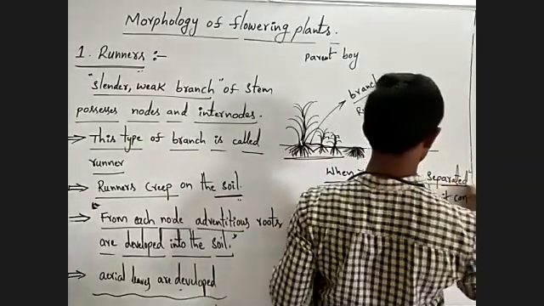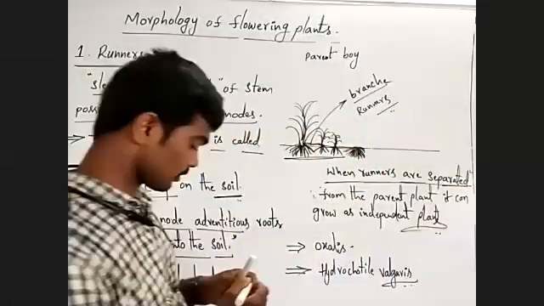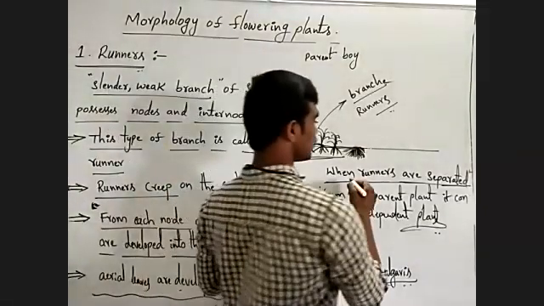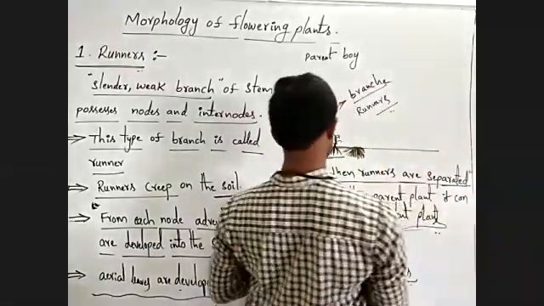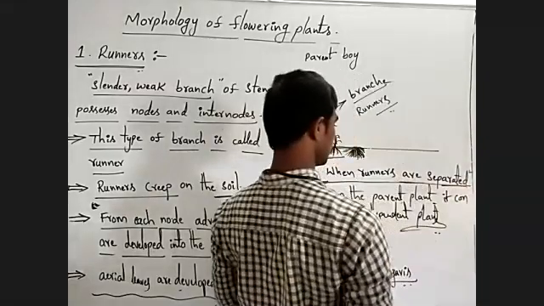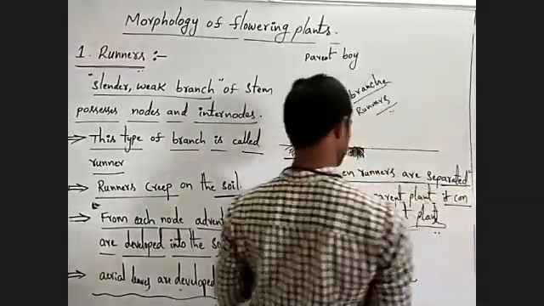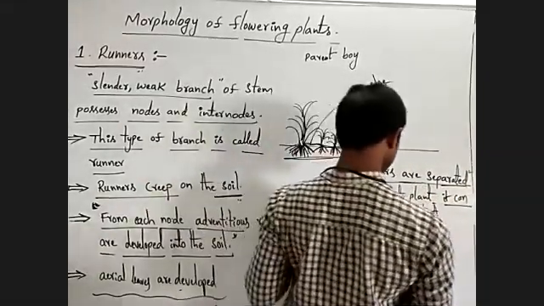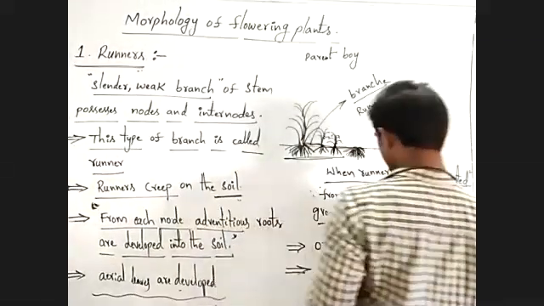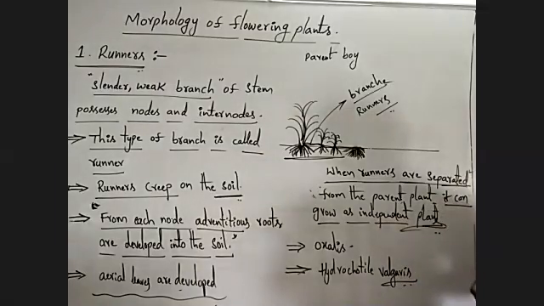When runners are separated from the parent plant, it can grow as independent plant.